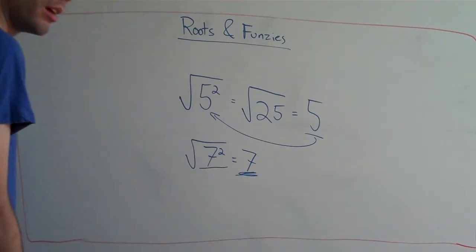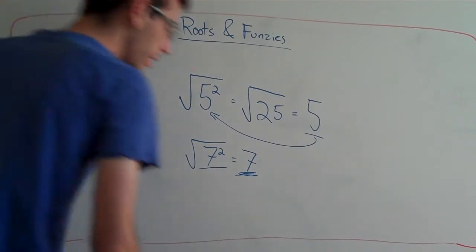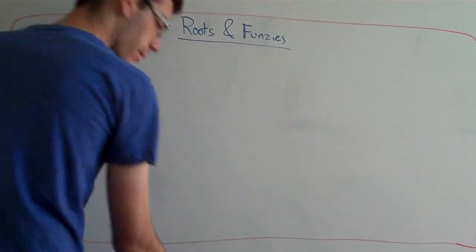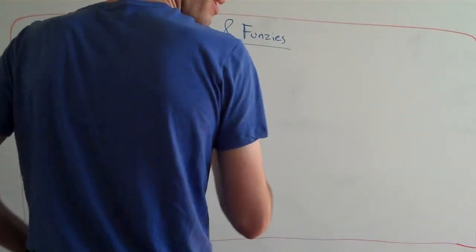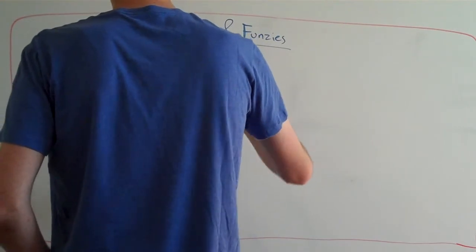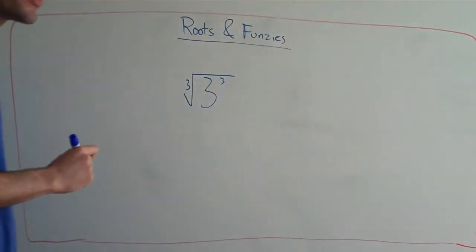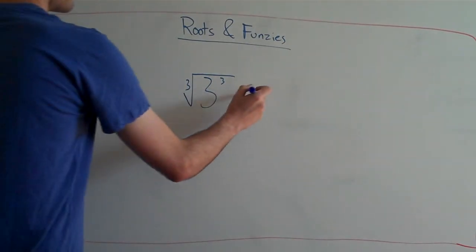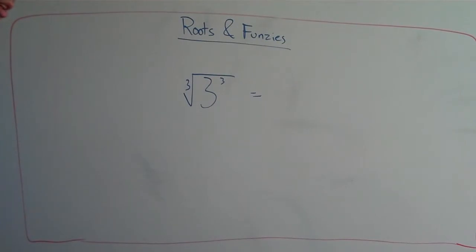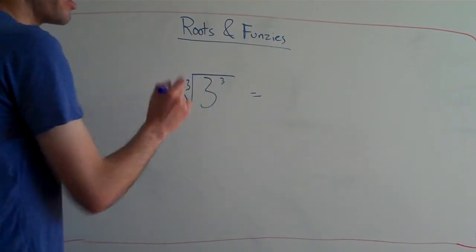Do you think the same thing applies to cube roots? No, it doesn't. Let's take a look. There are 3 3s in this question. What does that question sound like out loud? The cube root of 3 cubed.